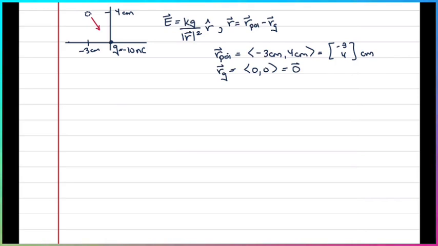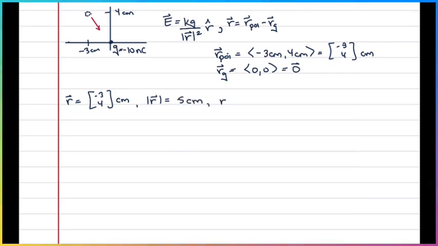So in this case, we can figure out this position vector. Real nice, because the charge is at the origin. It's then just -3, 4 centimeters. The magnitude of this vector is again 5 centimeters.